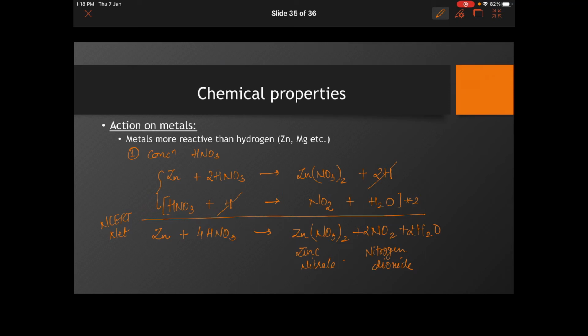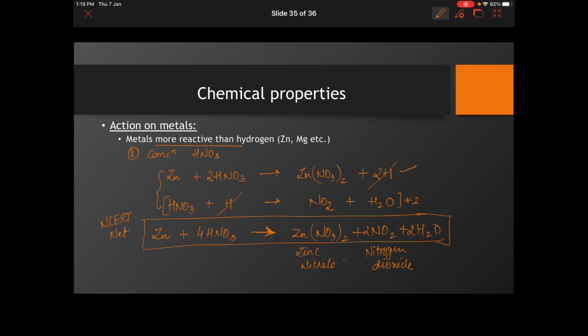Now in your NCERT this equation is given directly. If you see this equation directly, are you going to understand how this product is coming? No. I have given you a simple way: you just have to remember that if the metal is more reactive, certain metals we know have a more negative electrode potential than hydrogen, so they are going to release hydrogen from nitric acid.